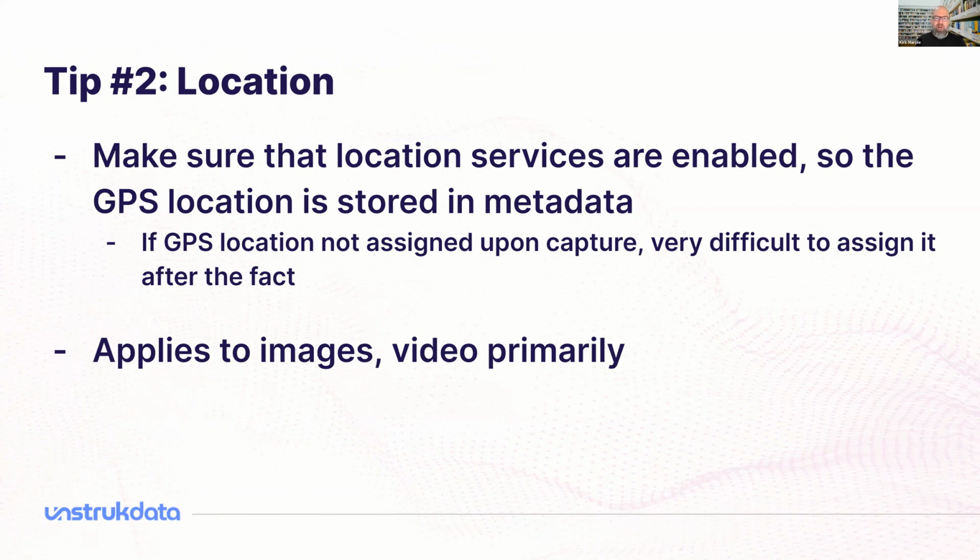I had actually found a bug in one of the drone vendors' metadata where the GPS location was stored in multiple places in their files, and one of them was wrong. It was actually off by half the earth. Those are the kind of things that, be aware of the data quality as you're capturing this data. It typically applies to images or video primarily, but data quality is everything.